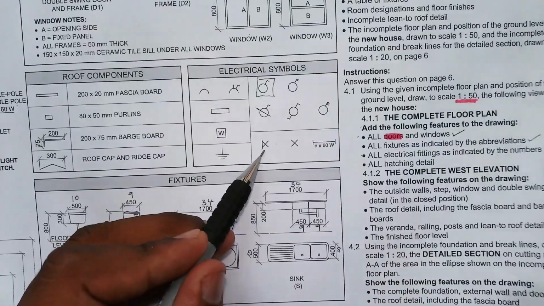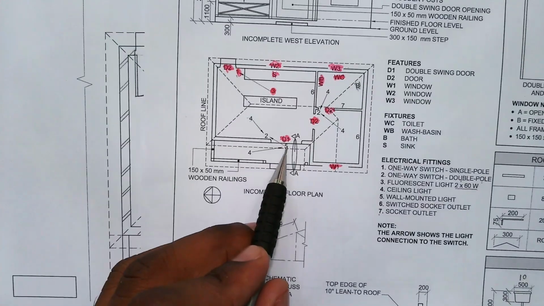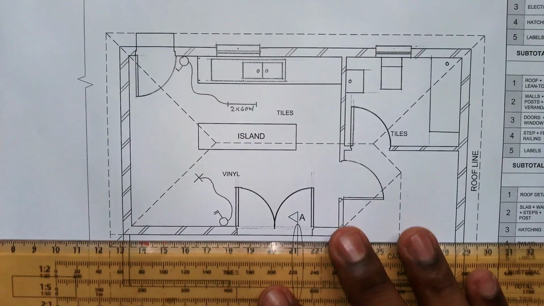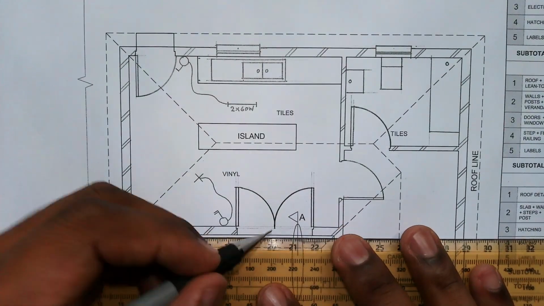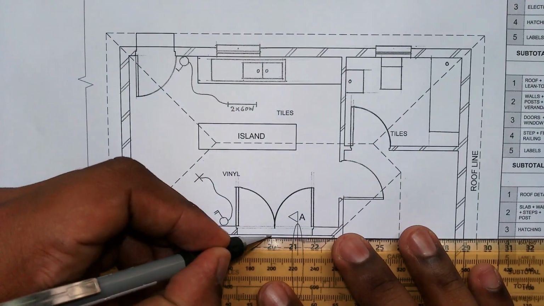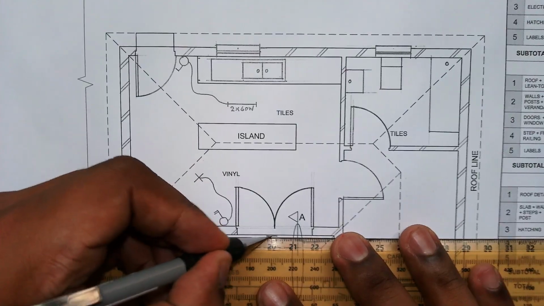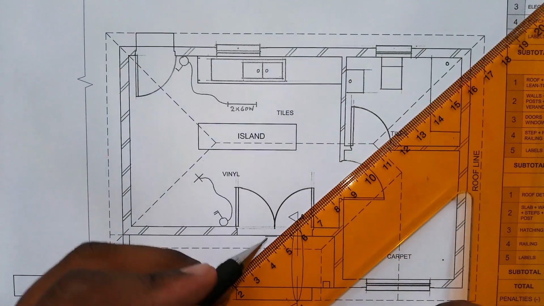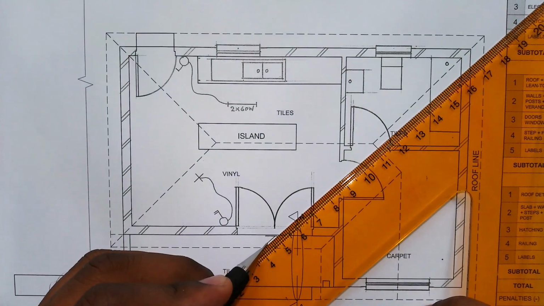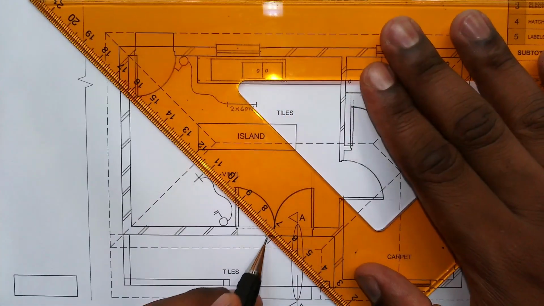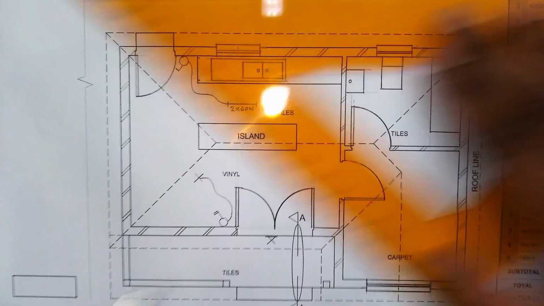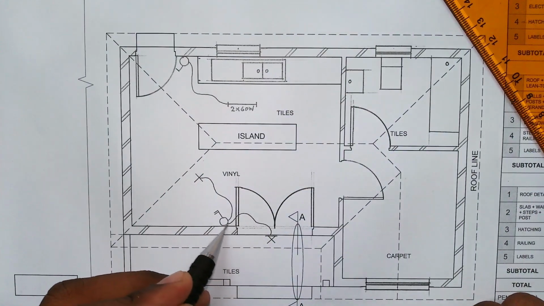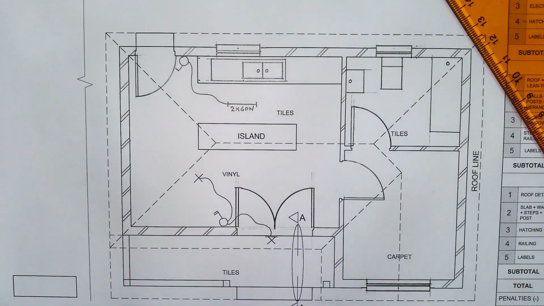So I have to draw this one just outside the house. What you have to do is draw in the base plate of the light, and then I can draw in the cross. So just draw the cross there like that, and then the wavy line like that.